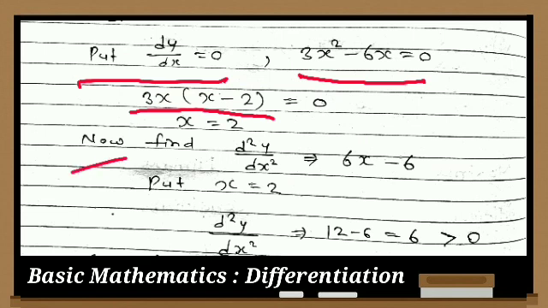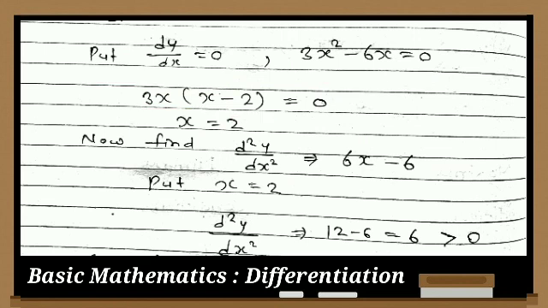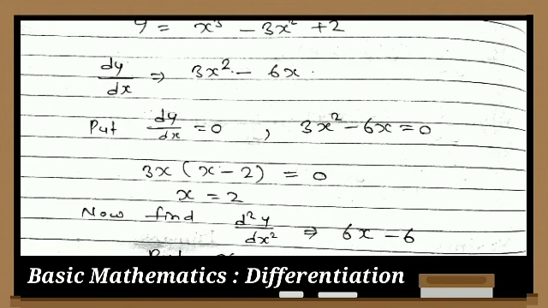Now find d square y upon dx square. What was the value of dy upon dx? The value of dy upon dx is equal to 3x square minus 6x. So the value of d square y upon dx square equals 6x minus 6.